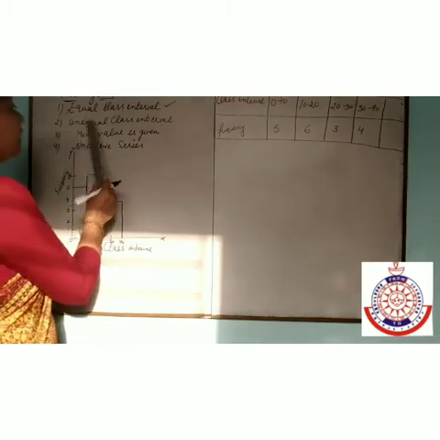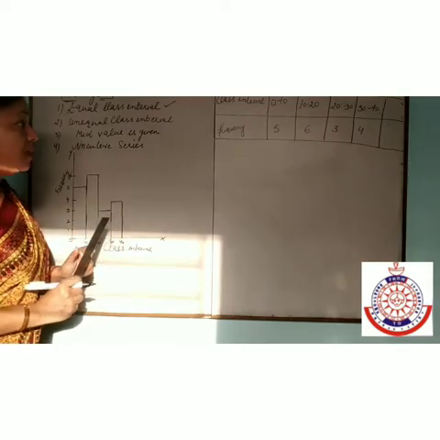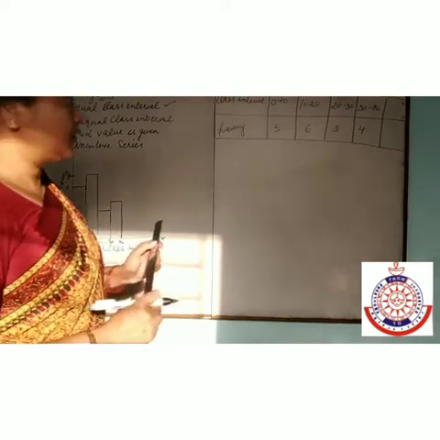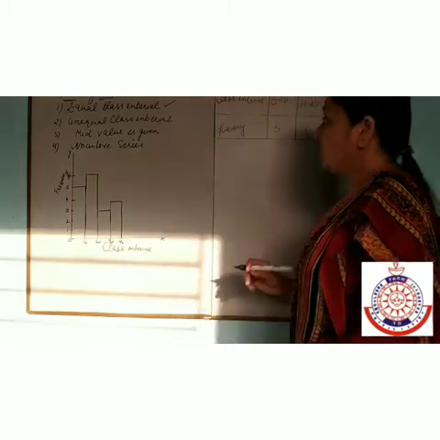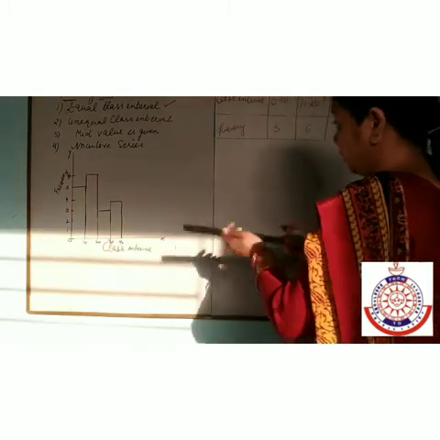Second is unequal class interval. Sometimes unequal class interval is given. For unequal class interval, we use an adjustment factor.